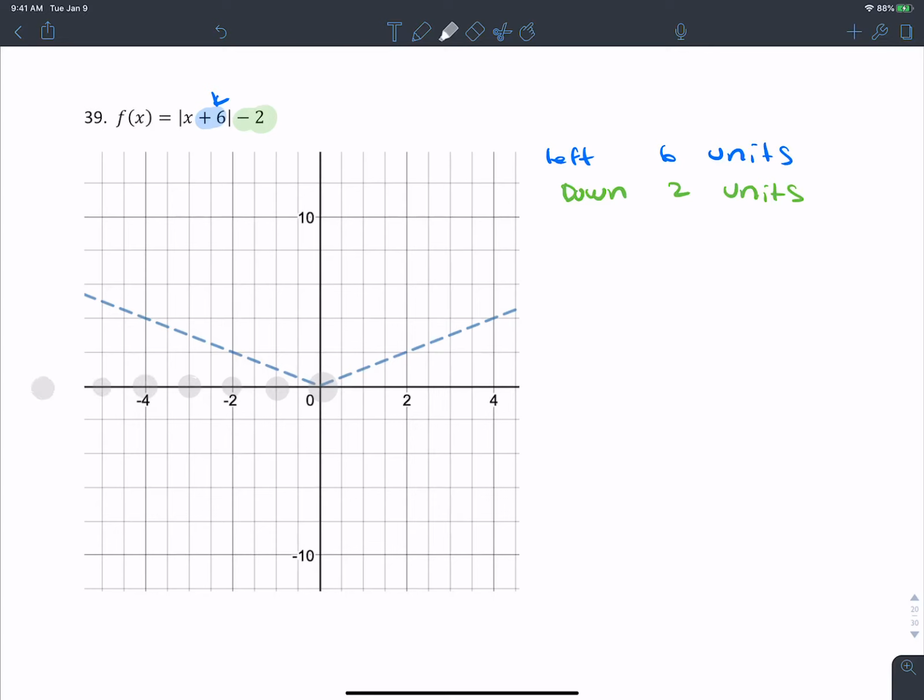Then I have to go down 2 units, and that's going to be down here because remember, every one of those spaces represents 2. So in a sense, if I want to do this imaginary new y and x axes, it's right here. Oops. It's right there. Okay.